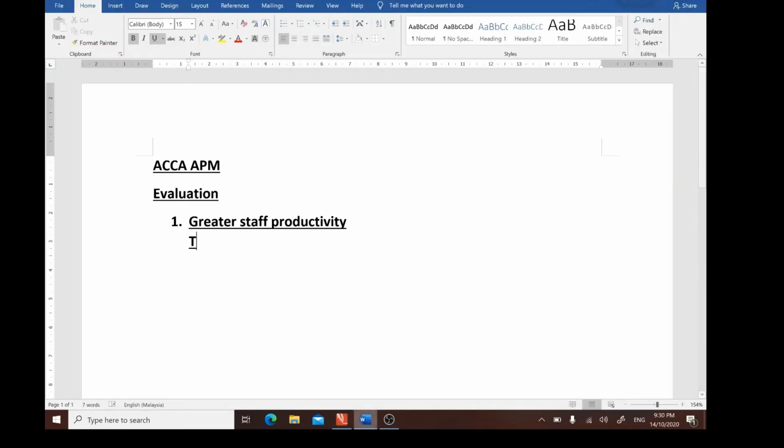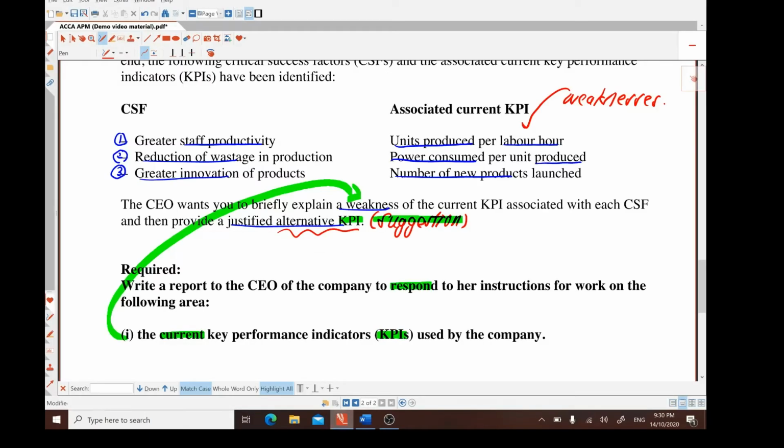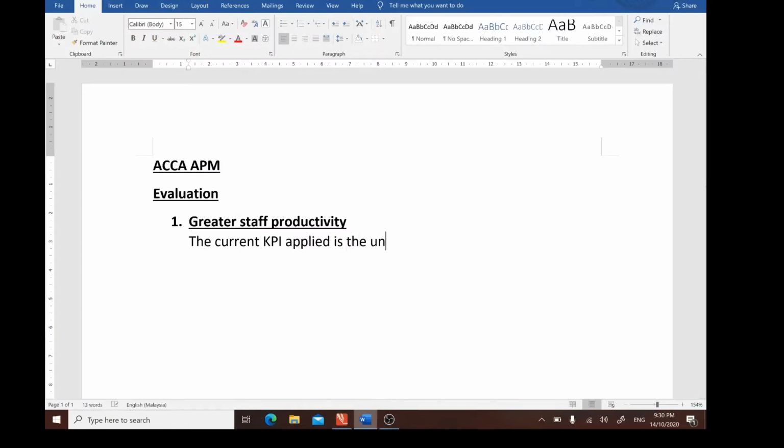So we say the current KPI, I repeat, the current KPI applied is the units produced per labor hour. This is based on the question itself.